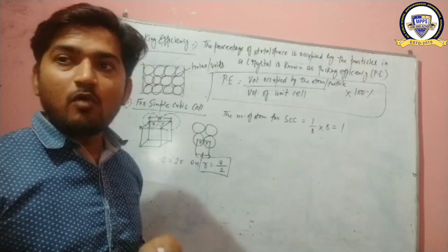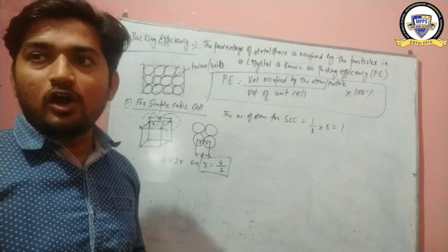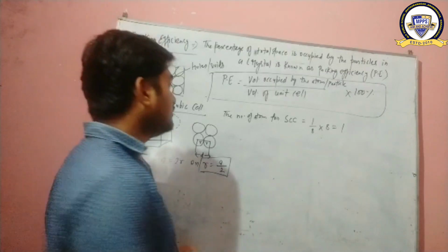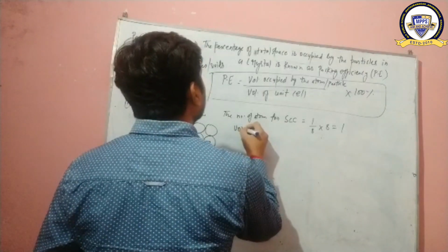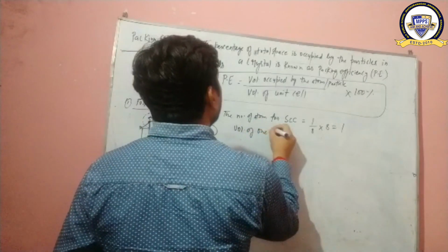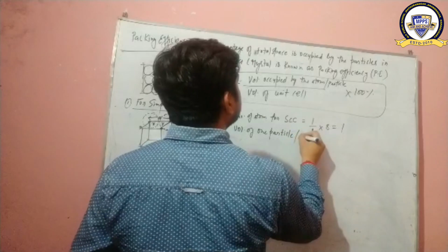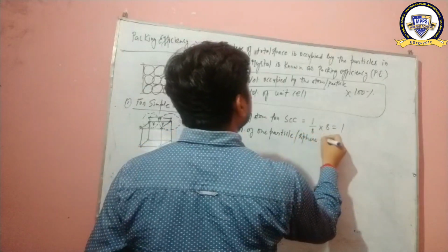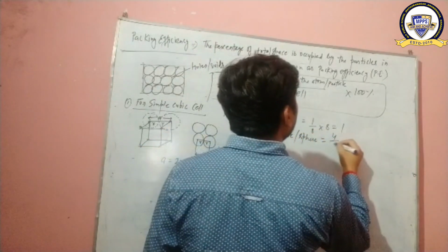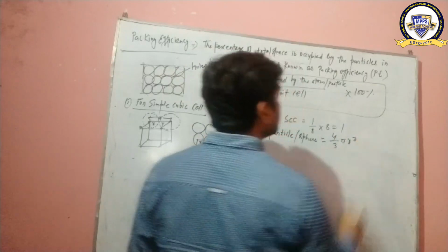So the volume of one atom or sphere, what is the volume? Volume of one particle which is spherical in shape, a sphere, is equal to 4 by 3 pi r cube.